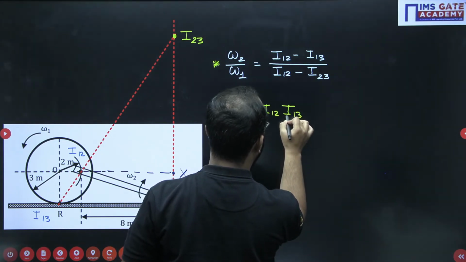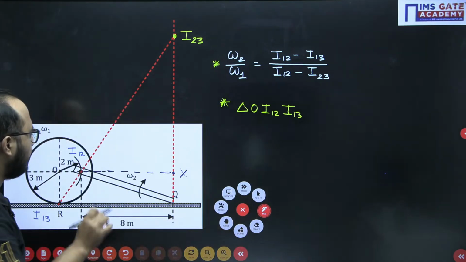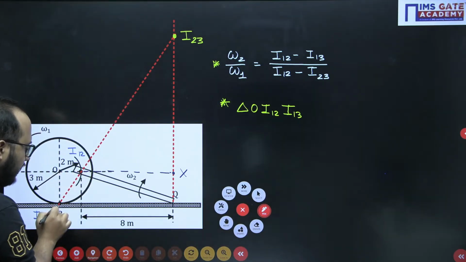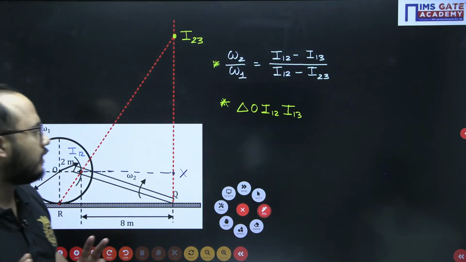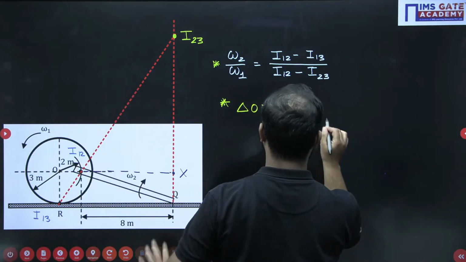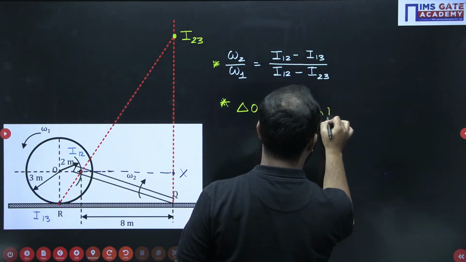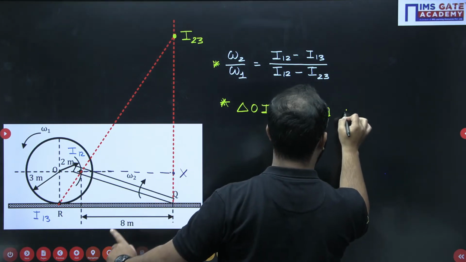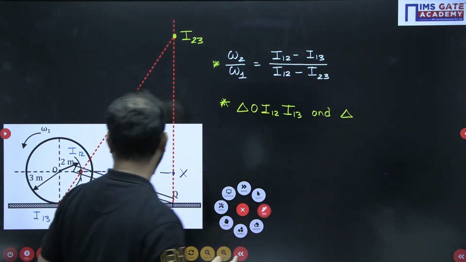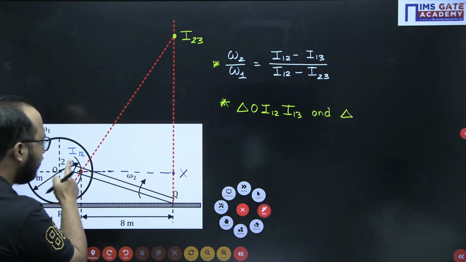The triangle formed by these 3 points. Please remember again, O, I12 and I13, these are the 3 points. That triangle you need to focus on. Another triangle is X, I12 and I23.